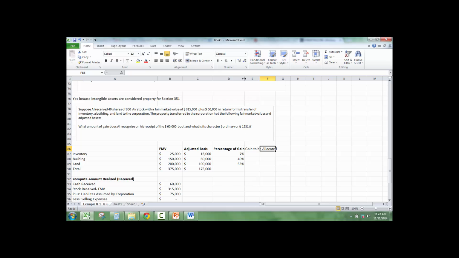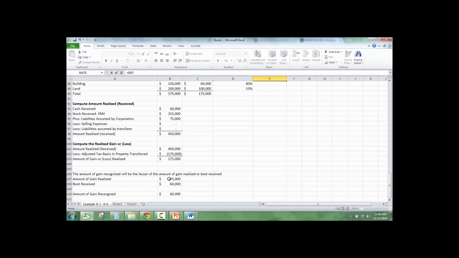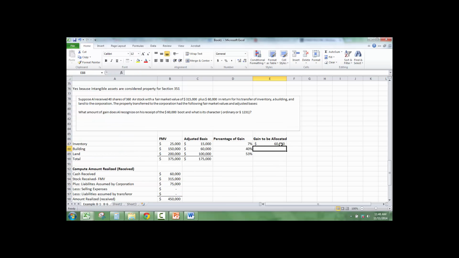So I'm going to allocate the gain to this. So basically I calculated the percentage and now I'm going to multiply this by the $60,000 gain. I'm hitting F4 so I can drag down the formula. Multiply it by the 7%. So this should equal our total gain, which is correct.